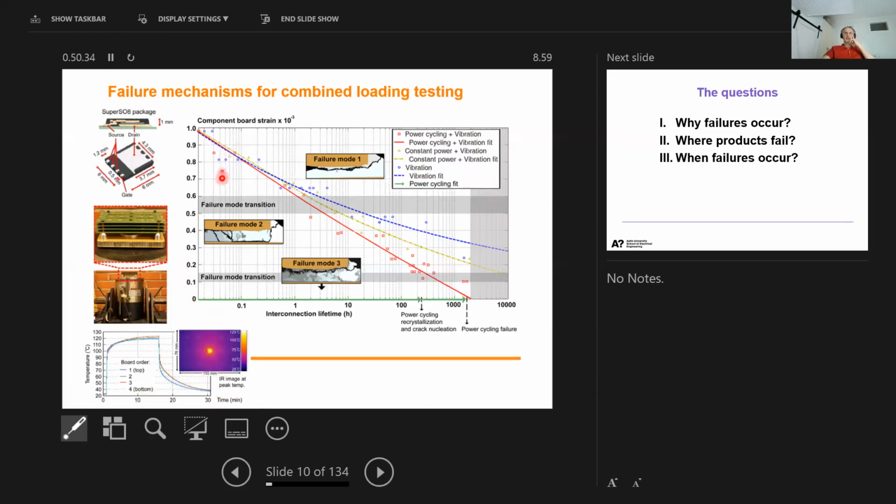And then in this slightly strange looking diagram, in the y-axis here, we have the component strain, meaning you can consider this value as how much vibration power is given to this board, so how much this part is moving upwards and downwards, how much the board is bending up and down.